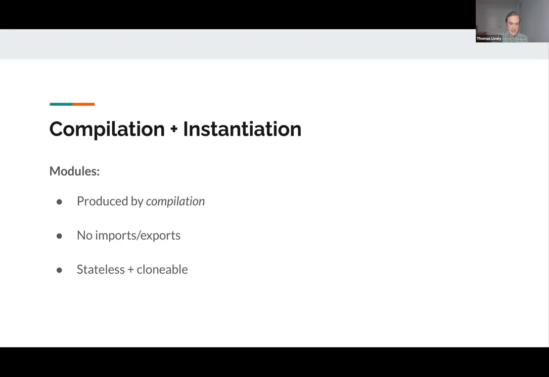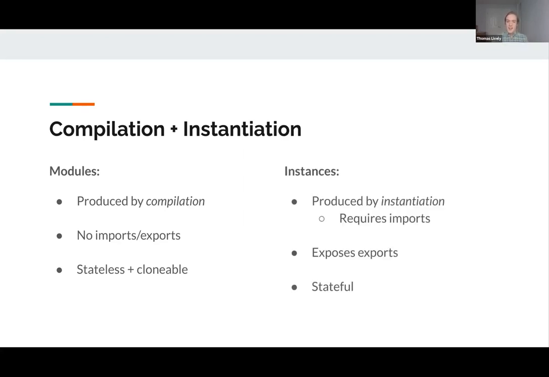Modules, because they're stateless, don't have imports and exports in the sense that you can't actually run a module. To do that, you need to instantiate it. The process of instantiation requires supplying the imports that the module needs. And then once instantiation is done, it exposes all the exports. So then you can run code in the module. For example, if a module exports main, then after it's instantiated, you can run main on that instance.